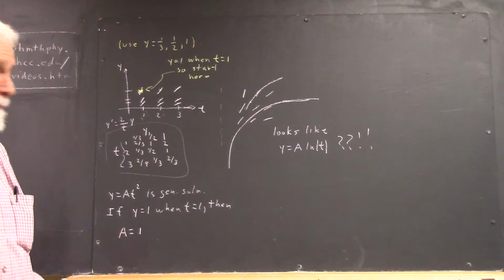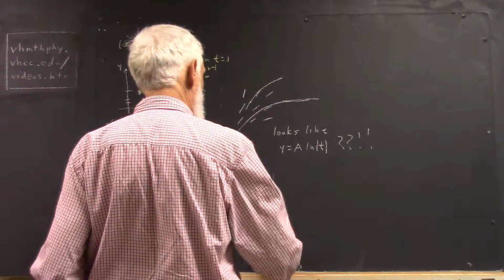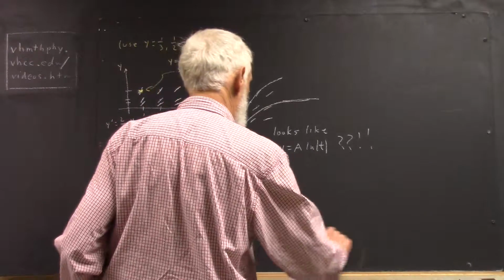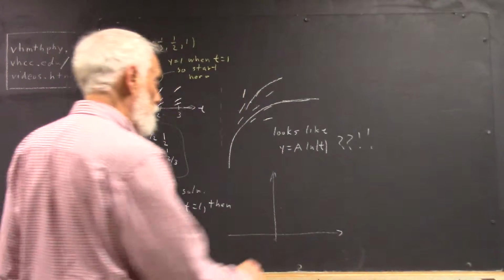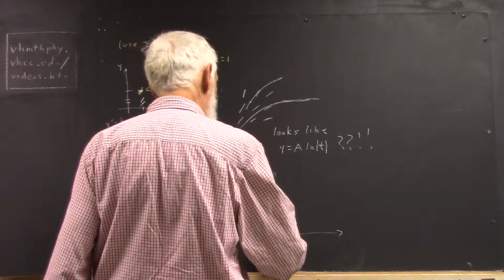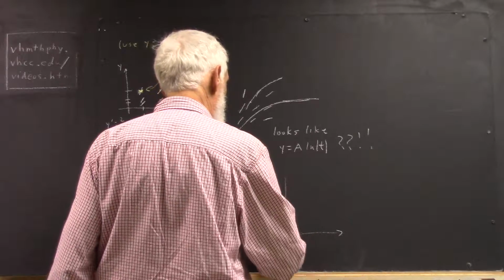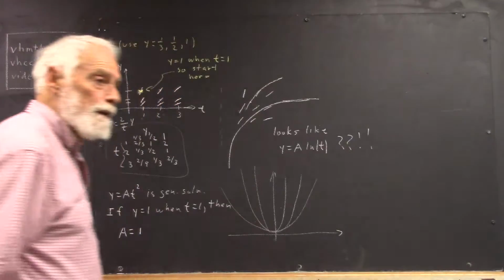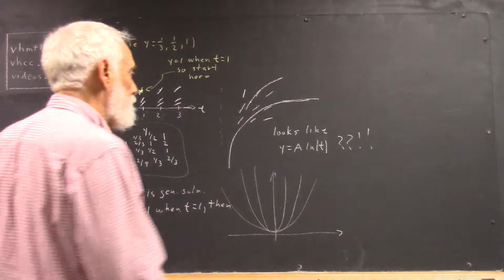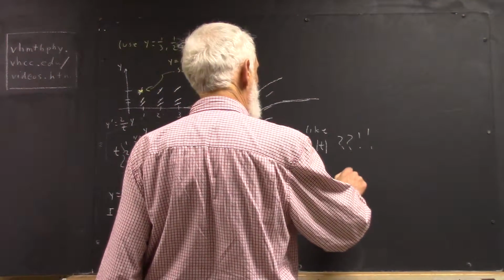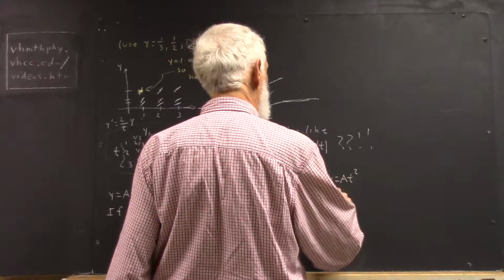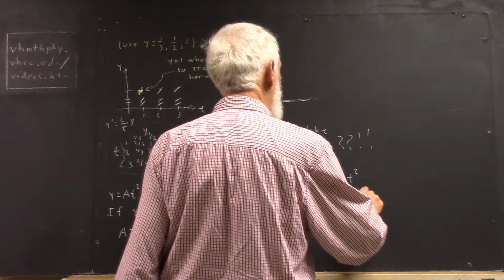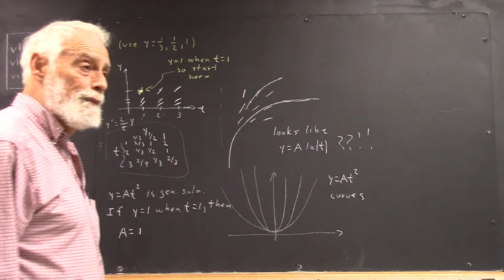Okay? And, you know, of course, your y equals at squared, that family of functions just looks like this, depending on your value of a. Okay? These are y equals at squared curves.